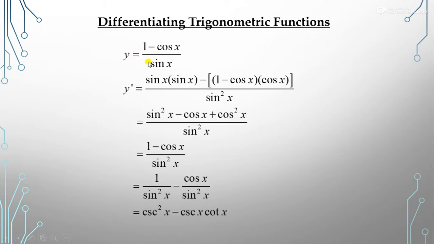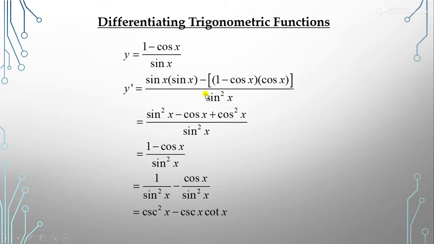Another example here. Suppose y equals (1 minus cos x) upon sin x, and you have to find the differentiation of y with respect to x. How can you do it? You can see that 1 minus cos x is one function and sin x is another function, so you can use the quotient rule for differentiation. What is the quotient rule?